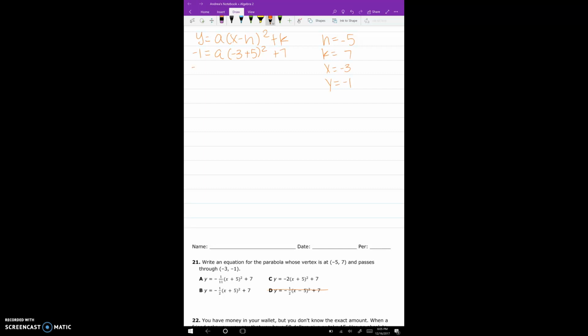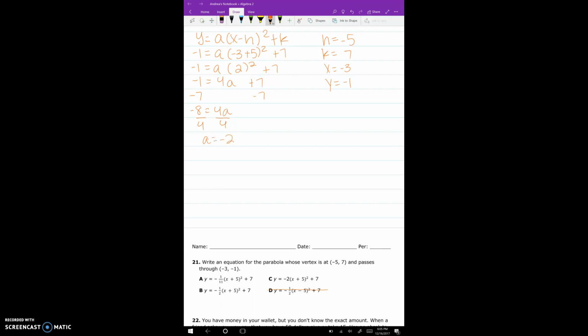So I'm going to have -1 equals A times 5 minus 3 is 2 squared plus 7. So that's 4A plus 7 equals -1. With that being said, I would just finish this up. So subtract 7 from both sides. So -8 equals 4A. Divide by 4 to get A equals -2.